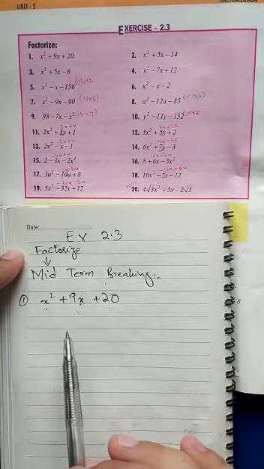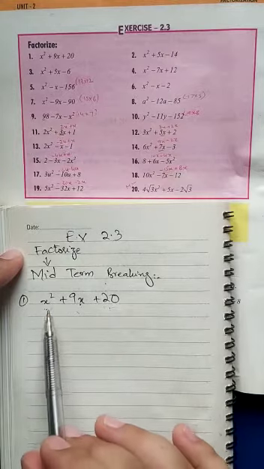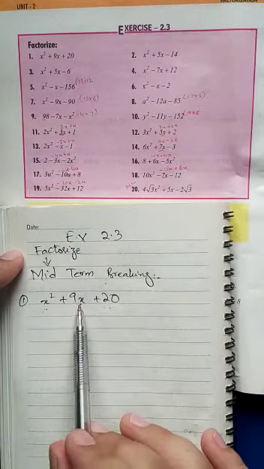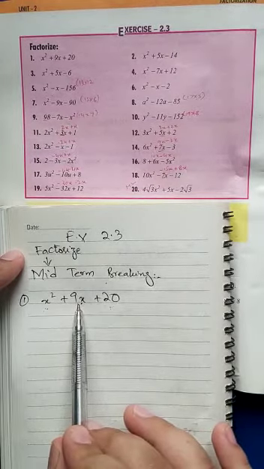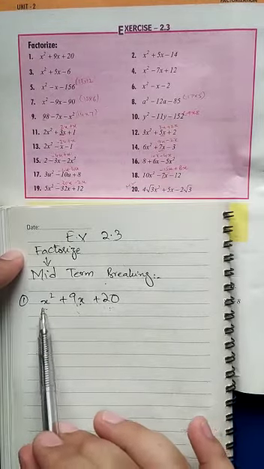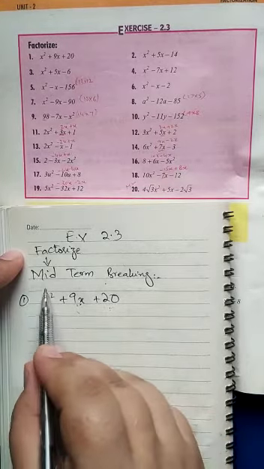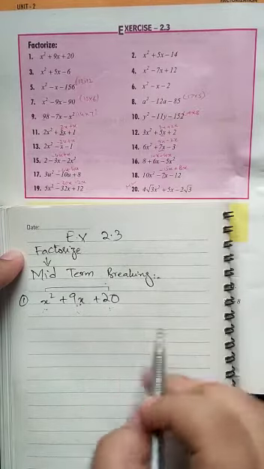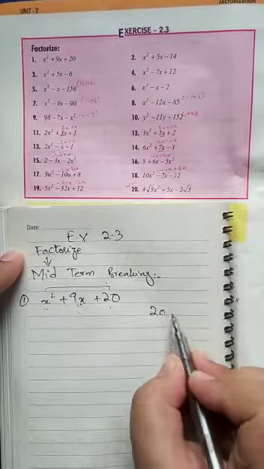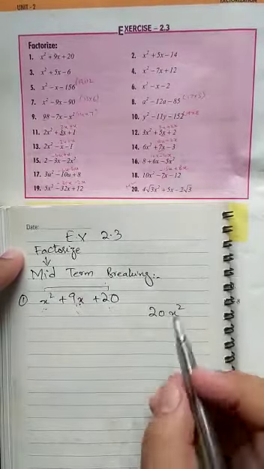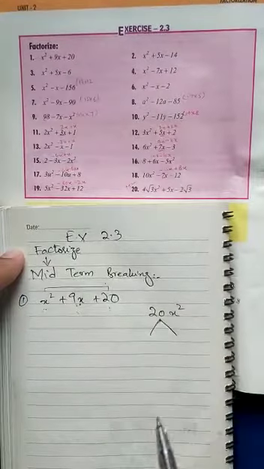Now how do we apply this formula? In this way we are going to break the middle term, or make the factors of it. Here the end term, when we multiply, will be 20x square. So we have to make the factors of 20x square.